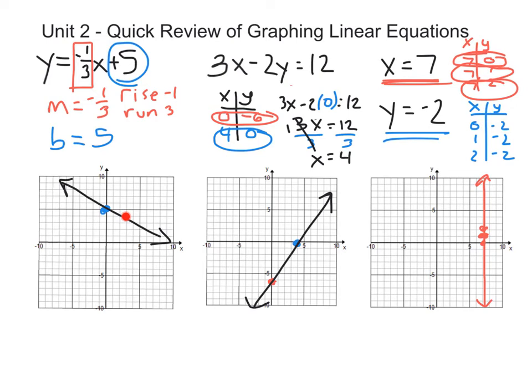So 0 on the x-axis, -2 on the y-axis is right here. Then 1, -2: 1 on the x-axis, -2 on the y-axis will be here. And 2 on the x-axis, -2 on the y-axis is right here. So again, all 3 points land on the line where y equals -2.